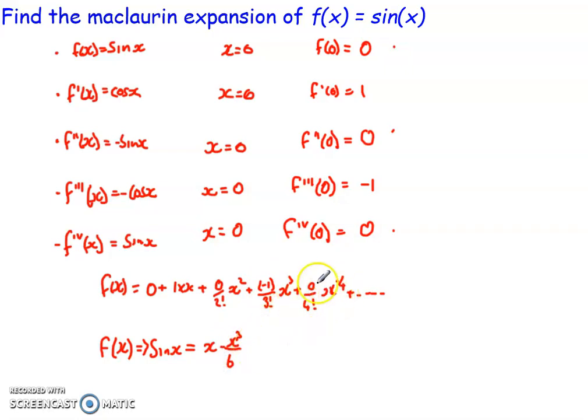This term would then disappear. I'd then have the next term, which is x to the power of 5. My coefficient for that would actually end up being 1. So I'd end up with plus x to the power of 5 over 5 factorial. 5 factorial is 120. So it'd then be over 120, and then it would continue on and on and on.